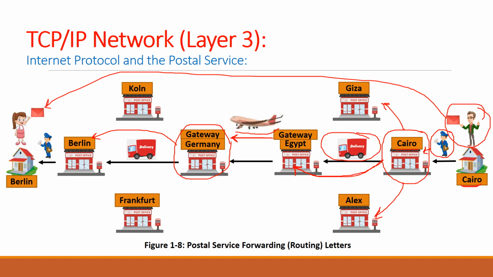It will use a truck as a medium to deliver the letter from the gateway to Berlin. Once the letter is delivered to Berlin, the post office man will take the letter and deliver it, based on the address on the letter, to Jasmine. This is how the routing works inside the postal service.